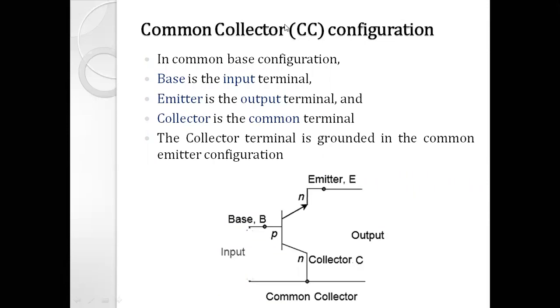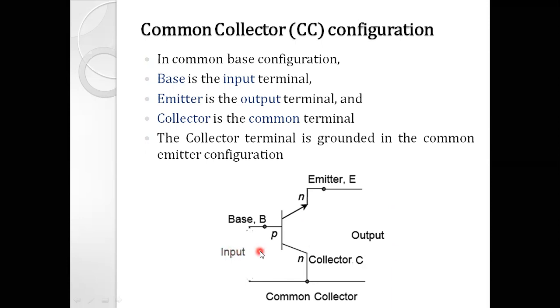And when the collector terminal is made common between base as input and emitter as output, then the configuration is known as the common collector configuration. So in the diagram, you can see that input can be given between base and the collector, and the output is taken between the emitter and the collector.